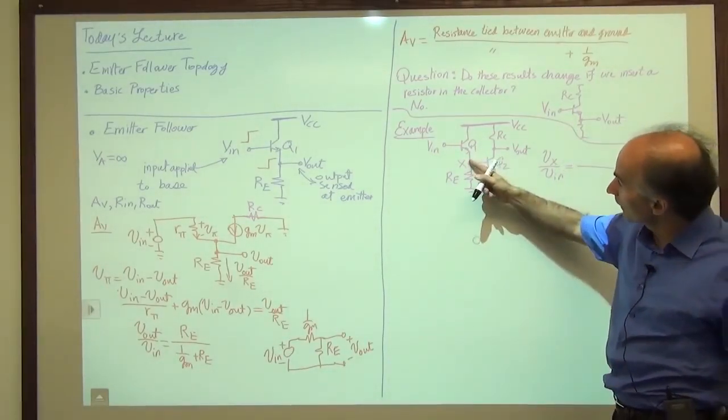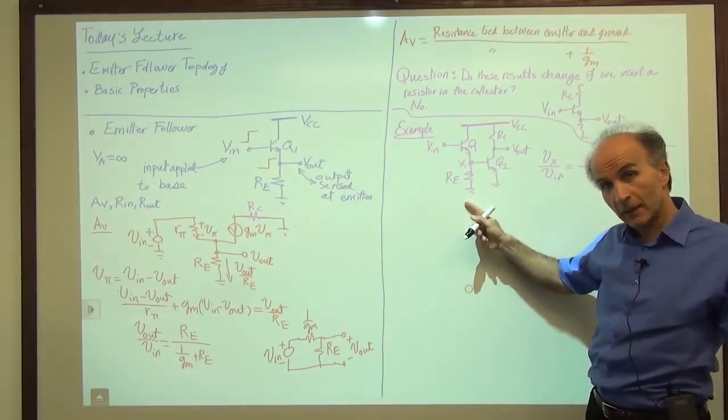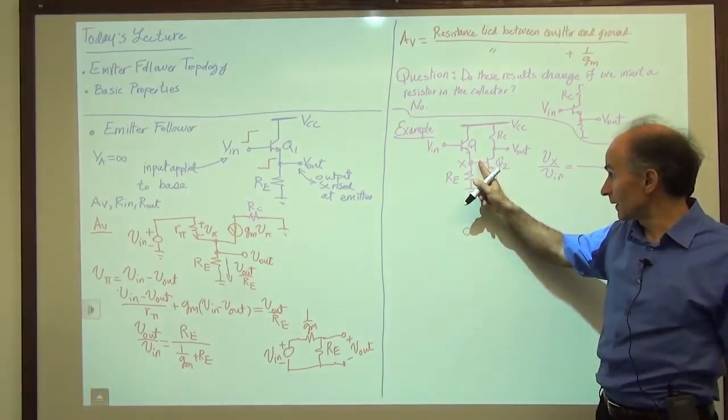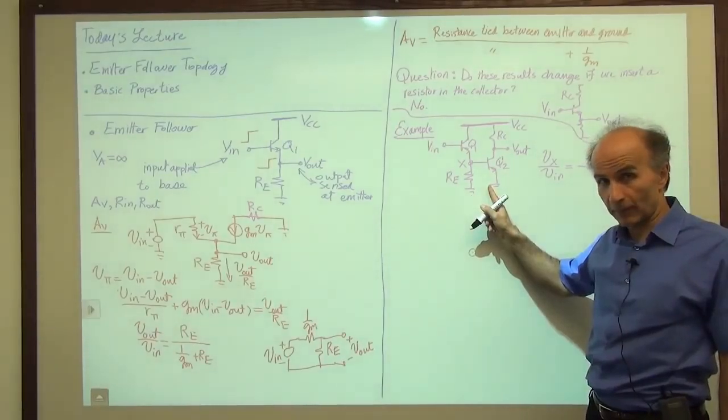So here, from here to ground, I have RE. Do I have anything else? Yes, we also have the resistance that we see between the base and emitter of Q2, and that's R pi, if you remember.